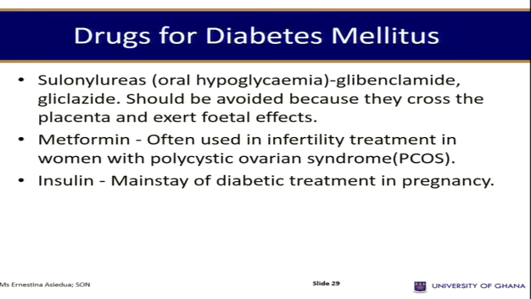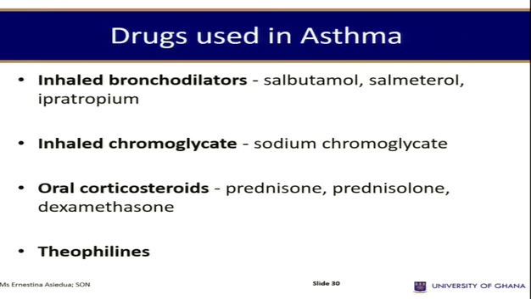Drugs for diabetes mellitus. We have the oral hypoglycemics. We have metformin, often used in infertility treatments in women with polycystic ovarian syndrome. And then we have insulin, the mainstay of diabetic treatment in pregnancy. Then we have drugs that we use when the woman has asthma. They are all familiar drugs that you know.